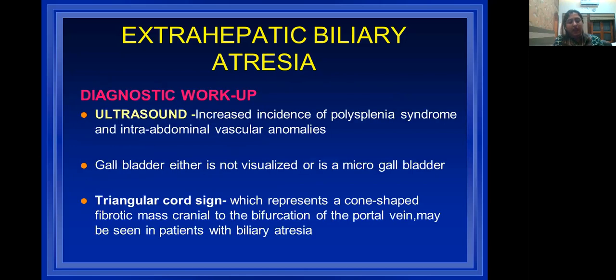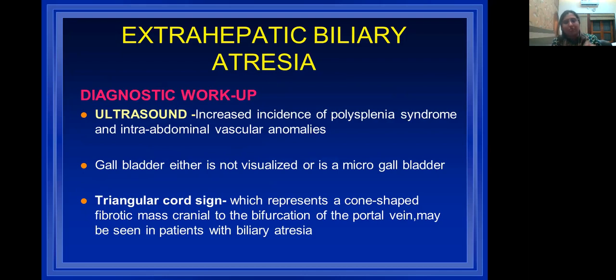Next, coming to the diagnostic workup. The first important thing is imaging by ultrasound. Ultrasound is very important because it helps us to note choledocholithiasis, any choledochal cysts, and at exactly which point there is an injury to the bile ducts.